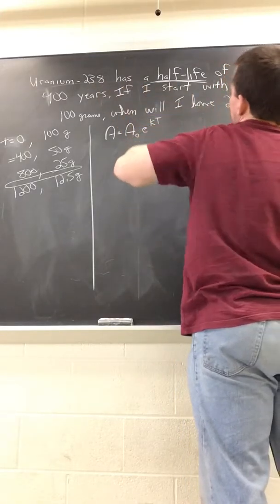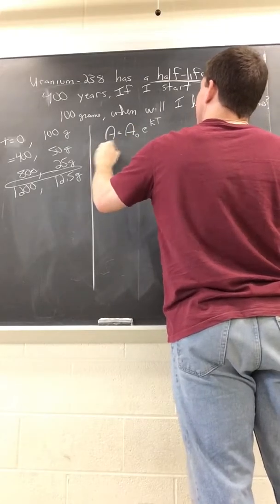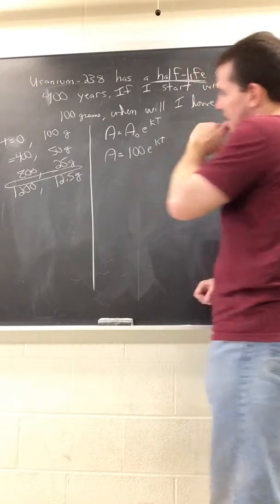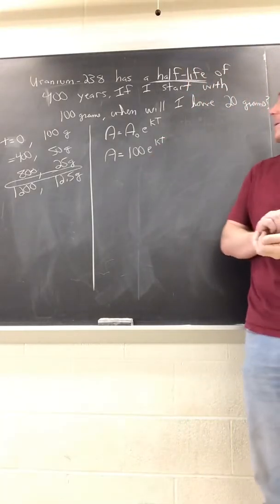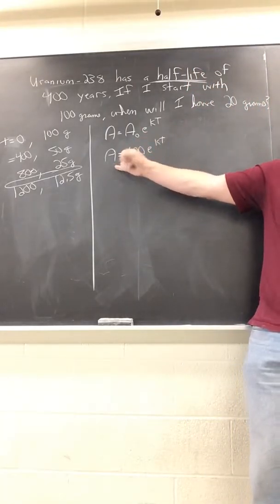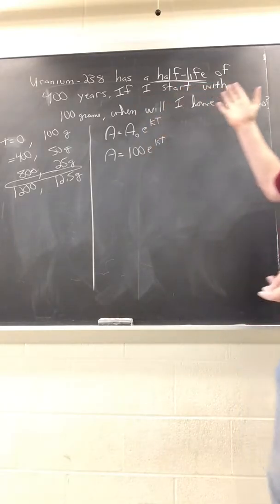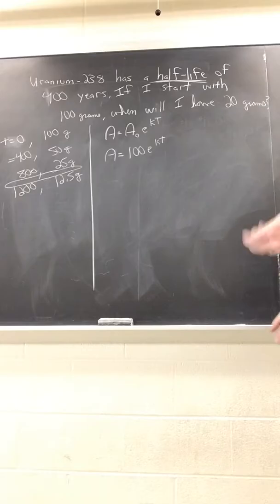My initial value is 100 grams. So A equals 100 e to the kt. And now, just like before, I need an A and a t that are related in order to find k. The problem is there's nothing really explicitly stated like there were in the last few problems we did.